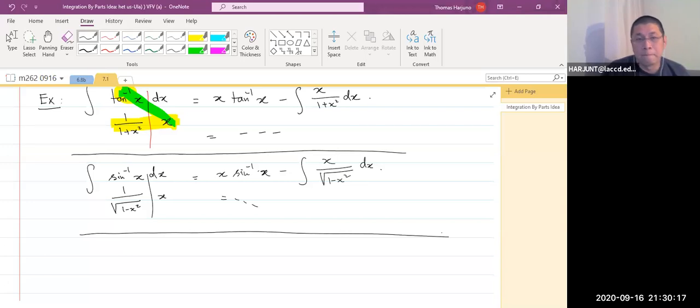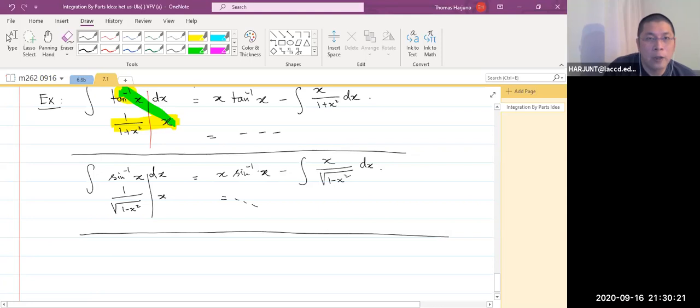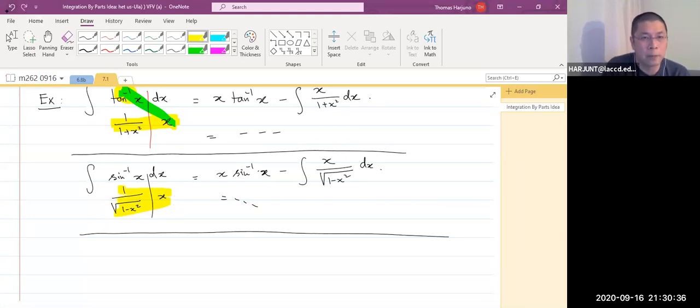Now, why do I want to teach you this? Because at times you need to be aware: if the product of the horizontal one is something you can integrate, then you better stop the integration by parts and do it as a regular integration.